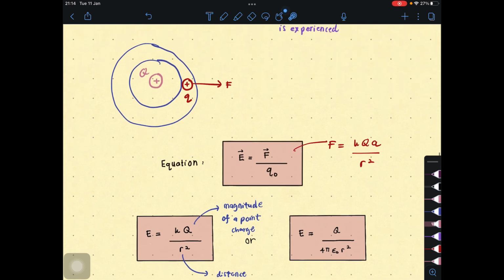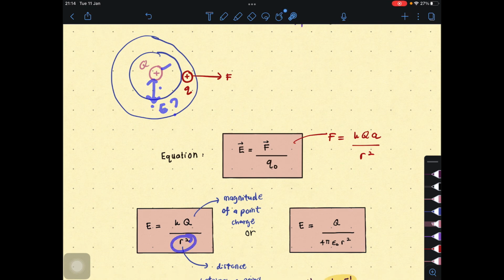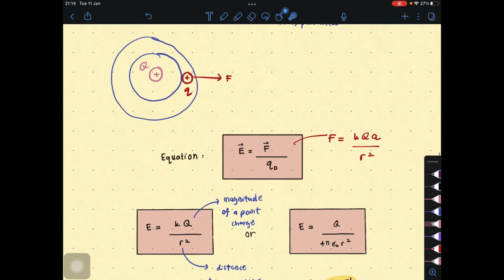So contoh lah, we want to find what is the electric field here. What is the electric field at this point here? So the distance from the point to the charge is the value for r here. Or we can also use another equation in terms of permittivity.